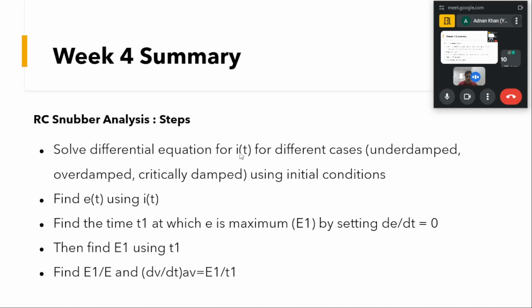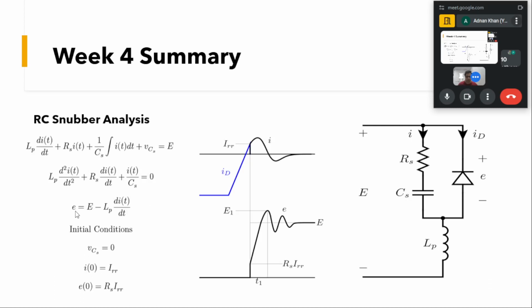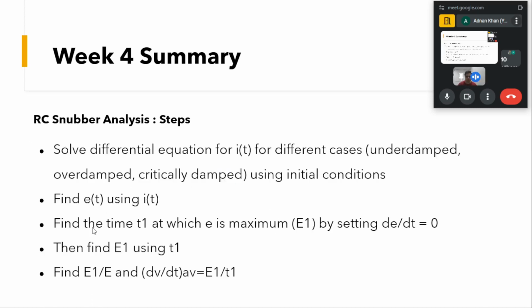When we get this snubber current i(t), we substitute it in this equation, E is equal to, because we know the LP may be given the parasitics, and then we can get the voltage across this device as well.